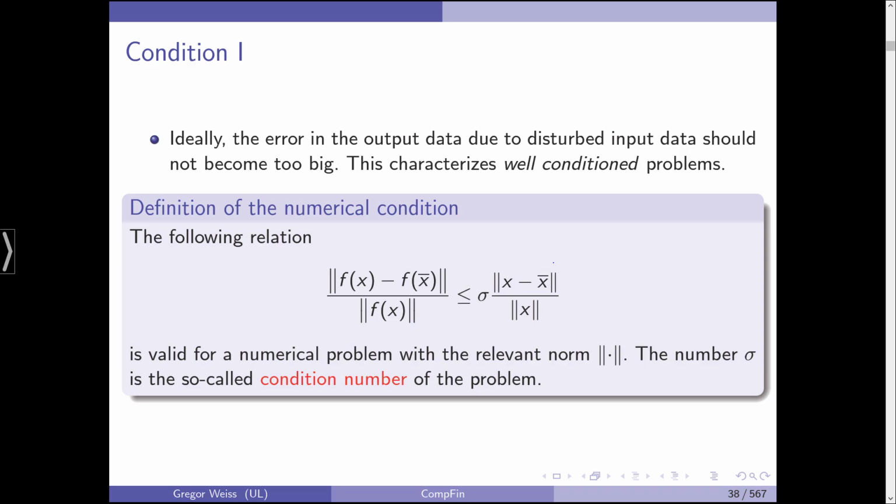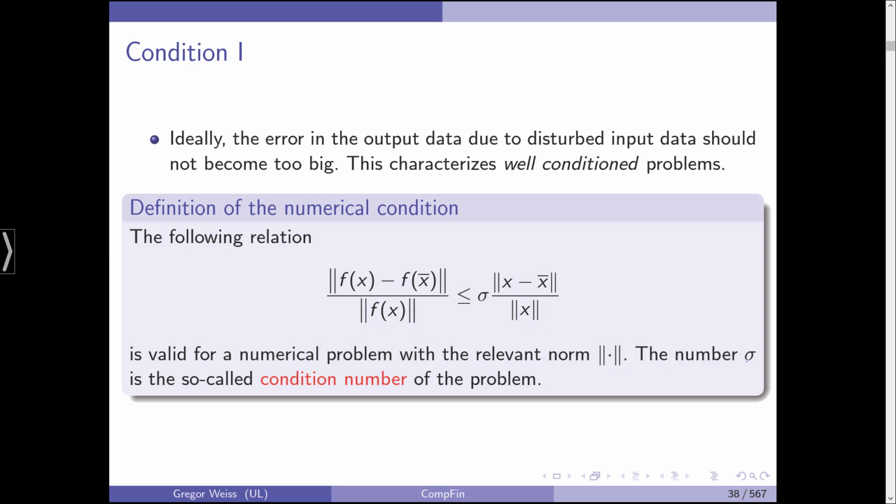input data error times a constant sigma, and if this is larger or equal, then the true solution for the true input data f of x minus the true output, given that the input data is disturbed, relative to the true solution with the true input data, again taken as norms. Then, if this is valid for a numerical problem with the relevant norm given here, then this number sigma is called the condition number of the problem.